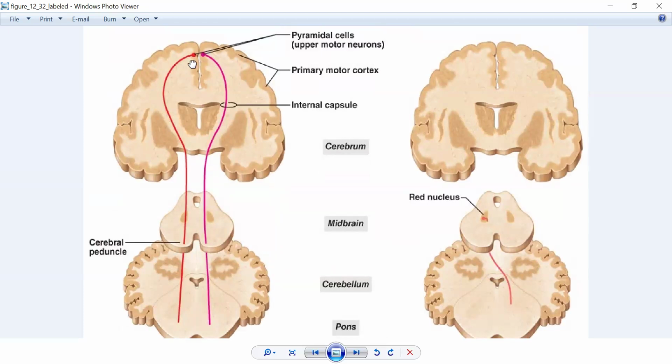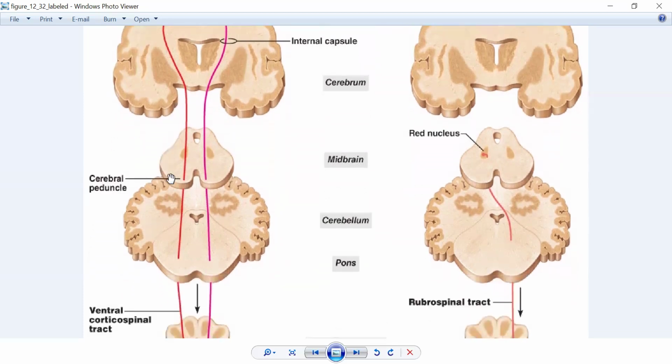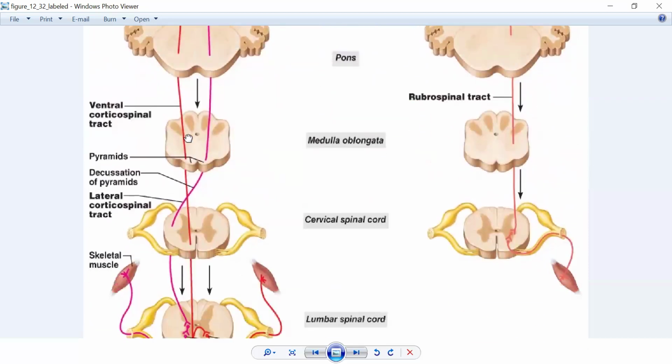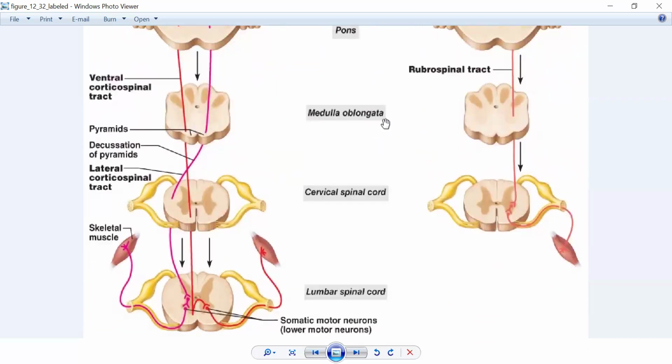So here you got some cell bodies and neurons, again, to communicate to skeletal muscle. In red, the tract goes down. And look, we're in the medulla oblongata here. So this is part of the brainstem where it looks like pyramids. So some of the tracts that travel through there are known as pyramidal tracts. That's why they're called pyramidal tracts.